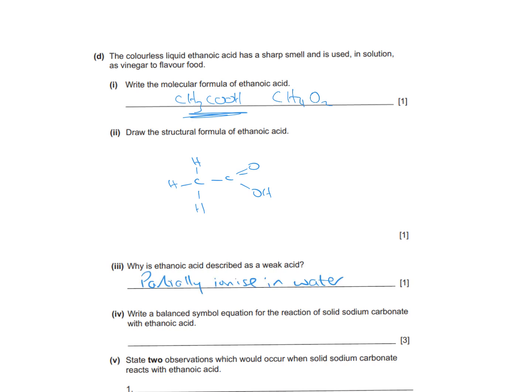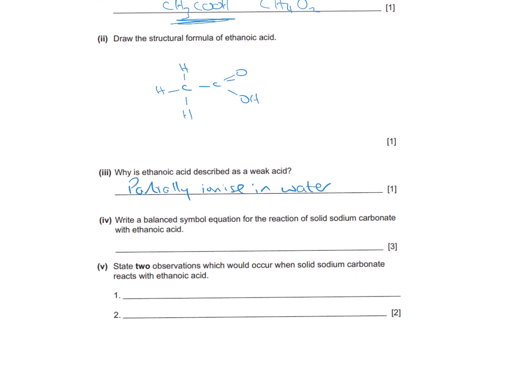Part 4. A balanced equation for the reaction of sodium carbonate with ethanoic acid. Okay, now sodium carbonate is Na2CO3. The ethanoic acid is that.